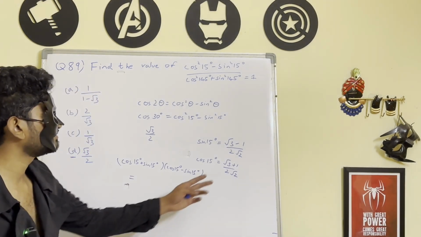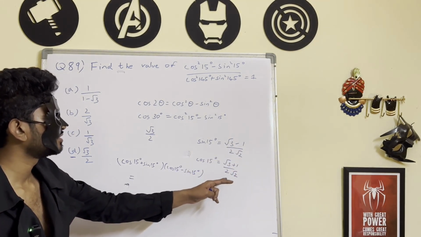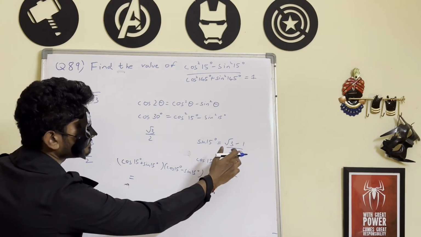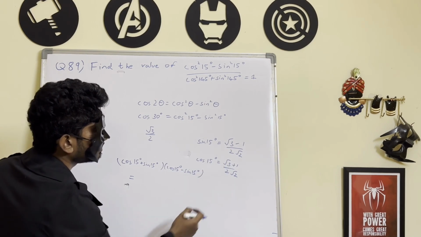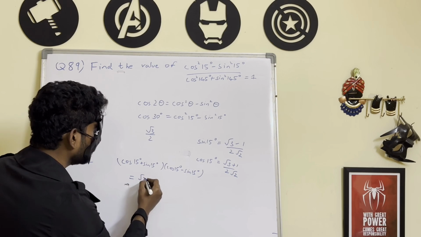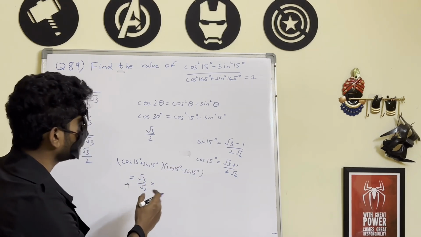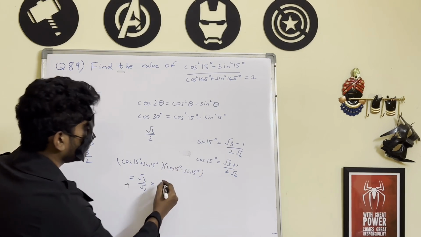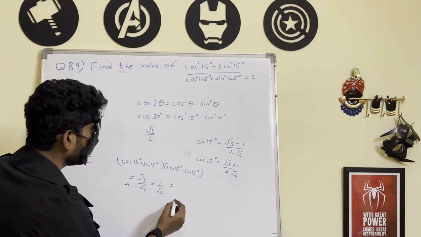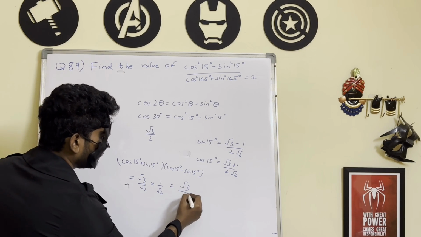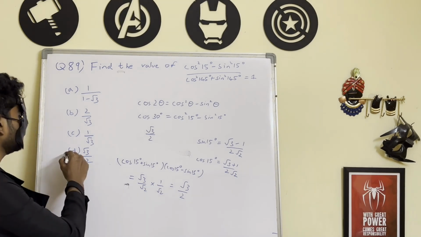So cos 15 plus sin 15 is nothing but, when you add these two, it will be nothing but 2 root 3 over 2 root 2, which is equal to root 3 by root 2, into, subtract those two, you will get 1 by root 2, which is nothing but equal to root 3 by 2. So the answer D is right.